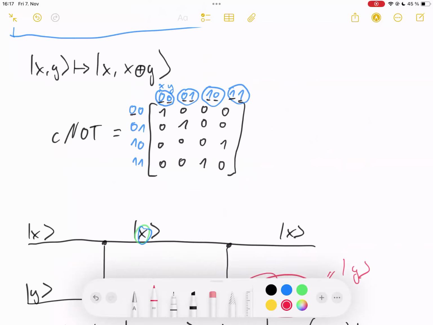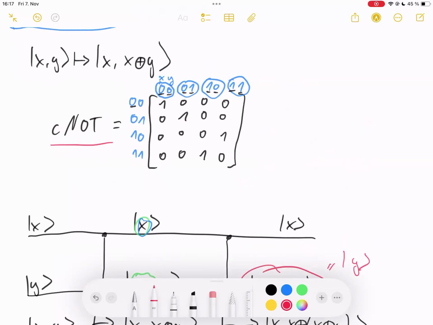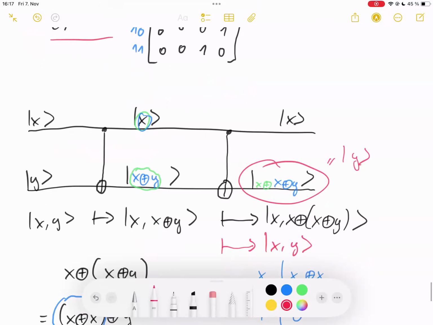If I take its adjoint, which is just the same as the C naught, and multiply them with each other, C naught with the adjoint of C naught, I would just get the identity matrix. So the C naught gate undoes itself.